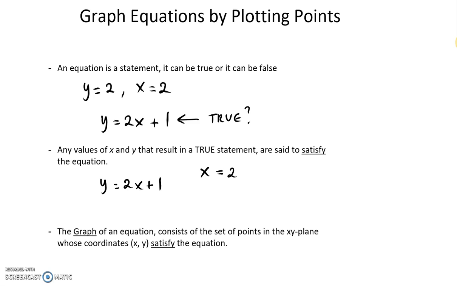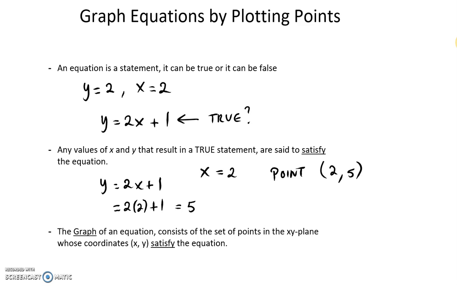Well, if we plug in that x value, we'll get 2 times 2 plus 1, and that's equal to 5, right? So we know that the point 2 and 5 satisfy this equation because they make this statement true. The whole equation becomes a true statement.